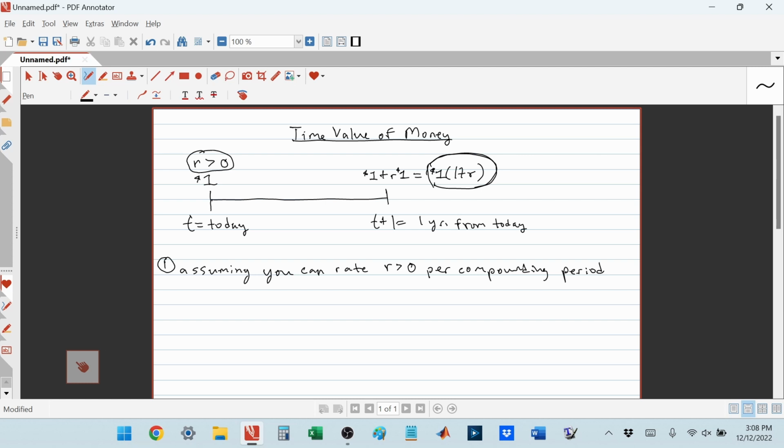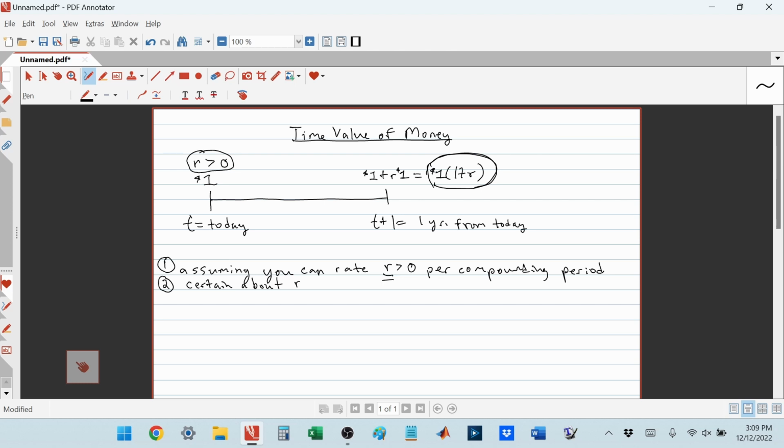And then the second assumption is that we're certain about that rate. So it's not like we have some uncertainty regarding this rate.